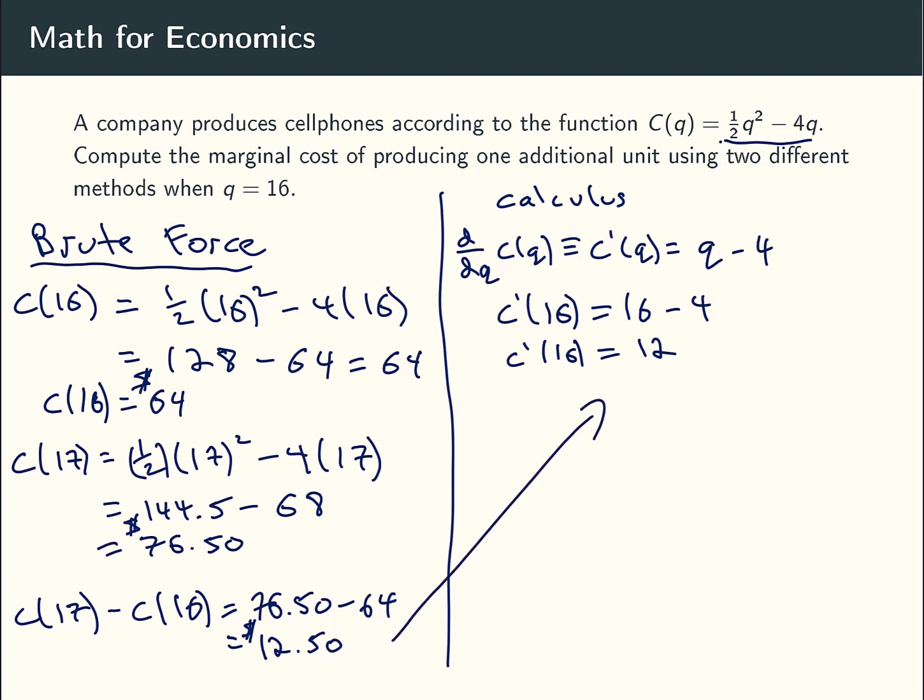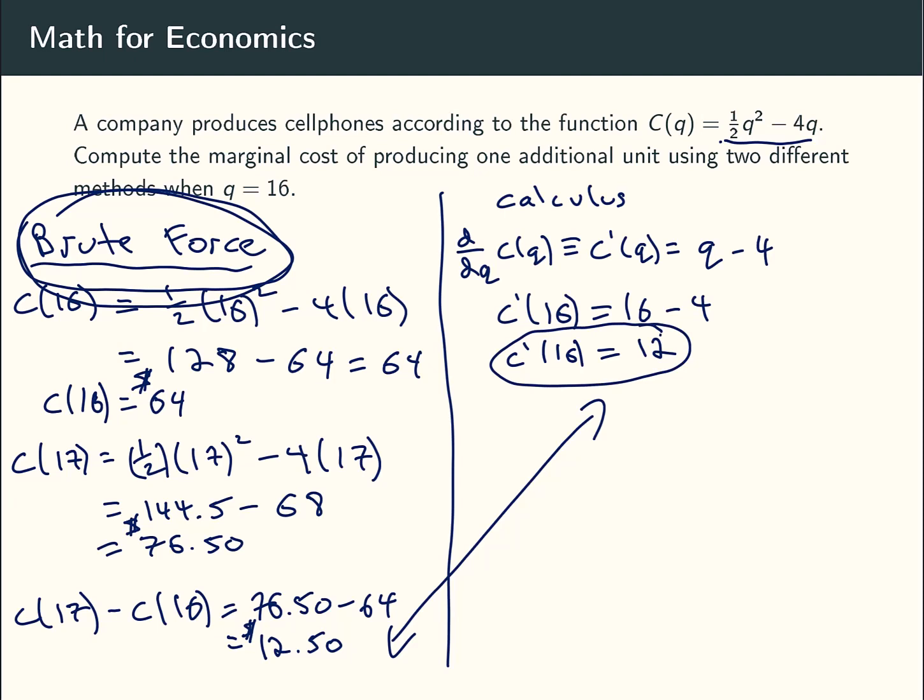Now notice that there's a difference. Given the difference in our two answers, which number do you think is more accurate? The most accurate number is the brute force method, which might surprise you. But if you think about it, it makes perfect sense. This is the slope when the company is already producing 16 units.